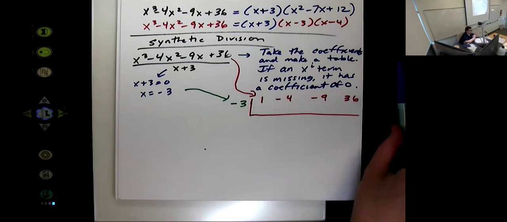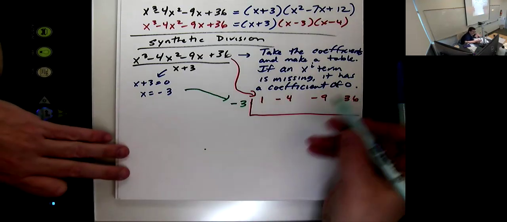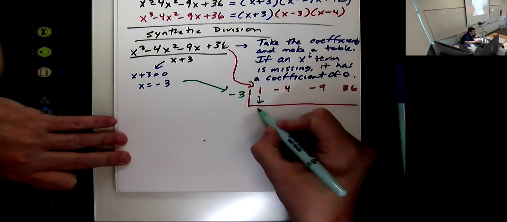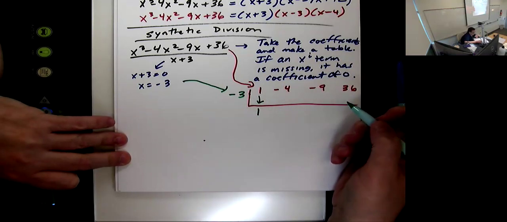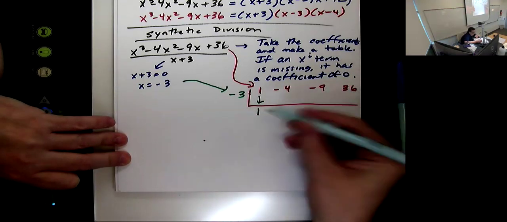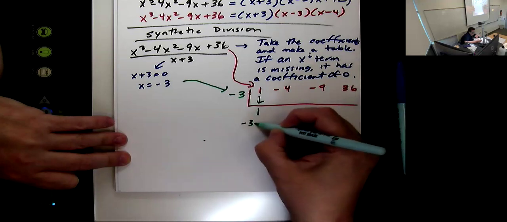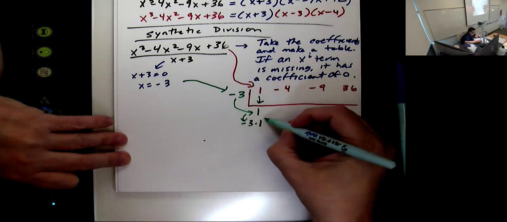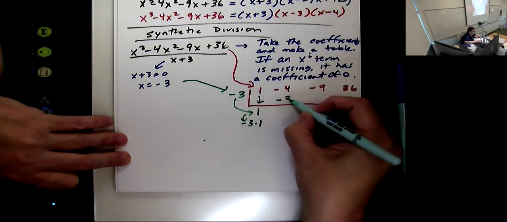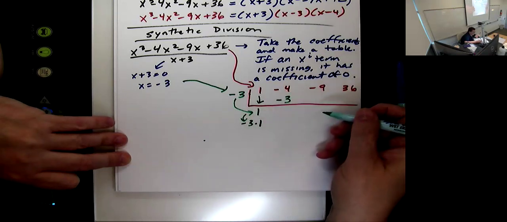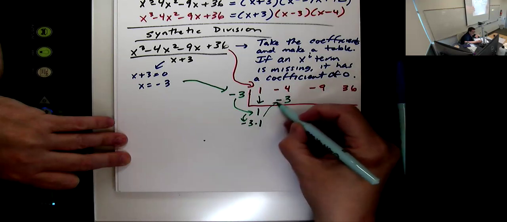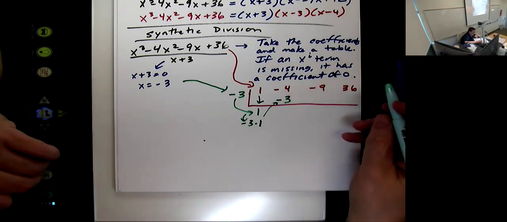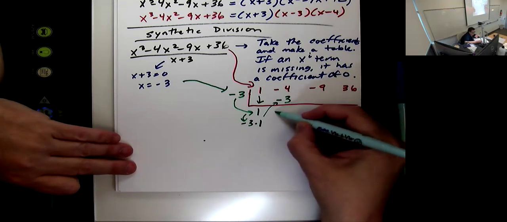So the way it works is you bring down the first term. And then I'm gonna go -3 times 1, this times that. I'm gonna put the result of that multiplication right here, -7. And then we add them up and we get -7.